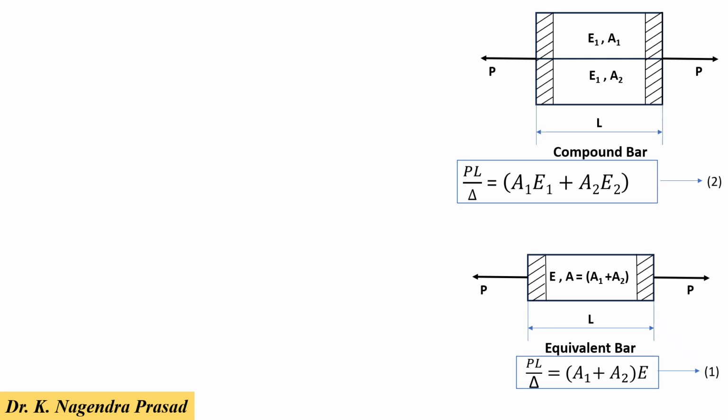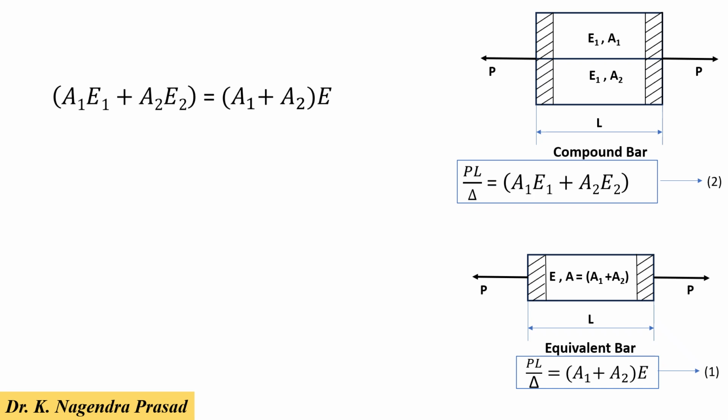So we determined the PL by delta value for the compound bar as well as for the equivalent bar. Now we have to equate these PL by delta values. So the PL by delta value from the compound bar is A1 E1 plus A2 E2.